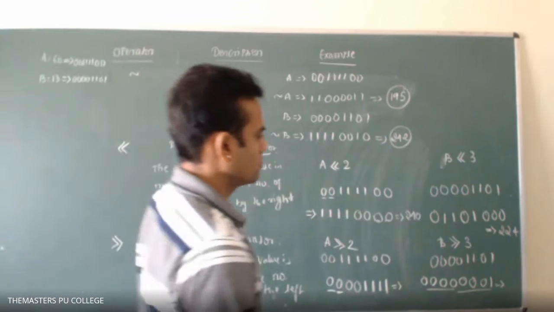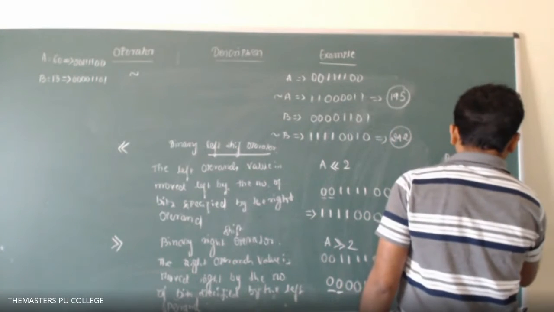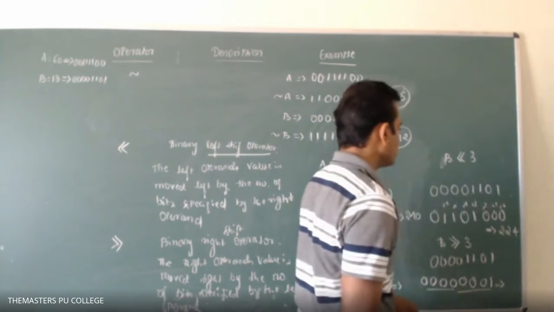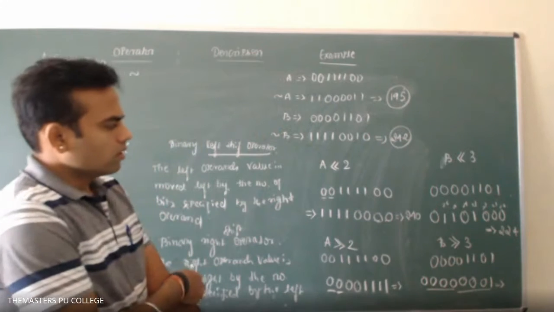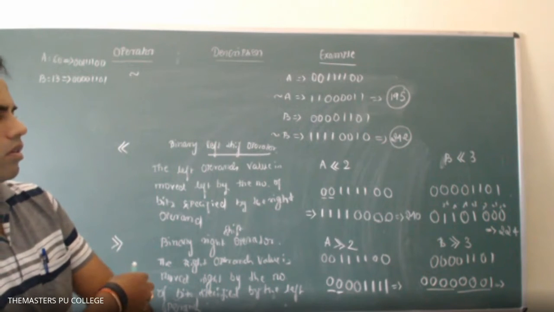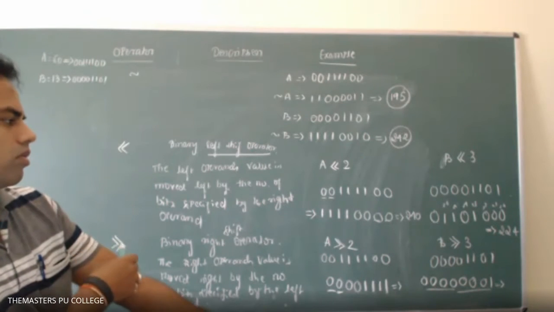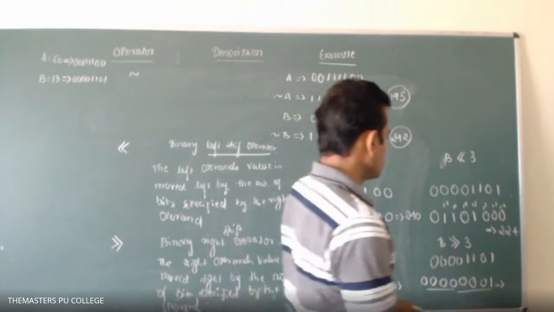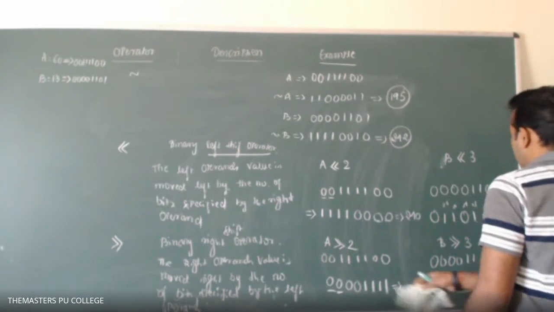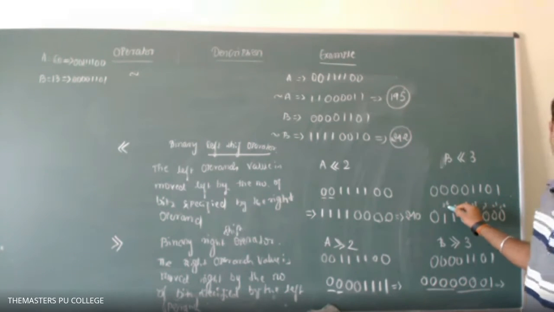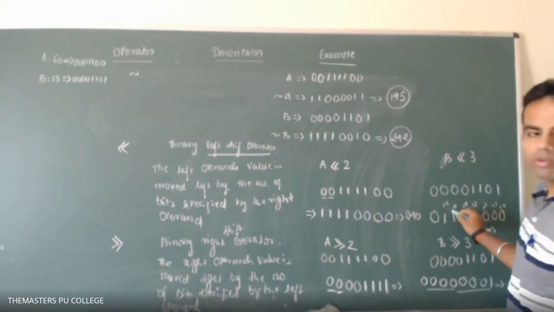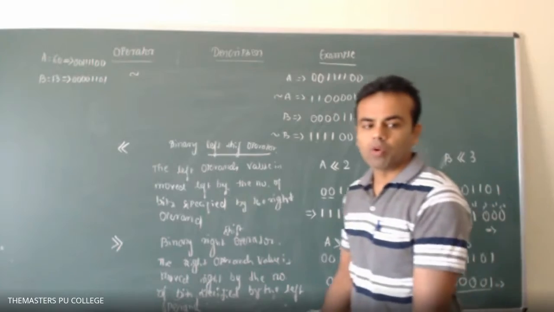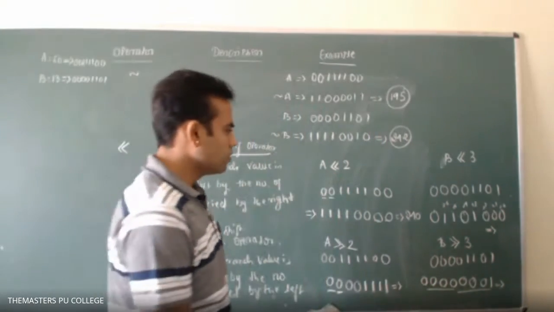Look: 2 power 0, 2 power 1, 2 power 2, up to 2 power 6. 64 plus 32 plus 8 is 104. It's 104, the left shift of 3. 64 plus 32 is 96, plus 8 is 104.